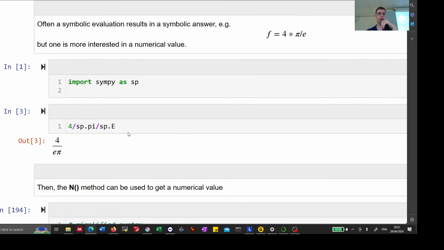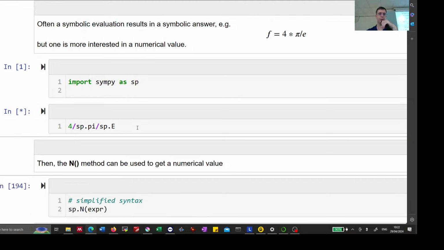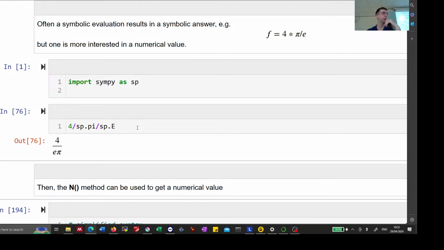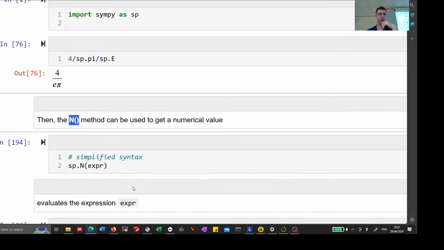Okay, so here is an example. Right, so 4 divided by pi divided by the Euler number. What's the value behind this expression? I don't know. What can I do? Well, I can use SymPy's n method that provides me a numerical representation.